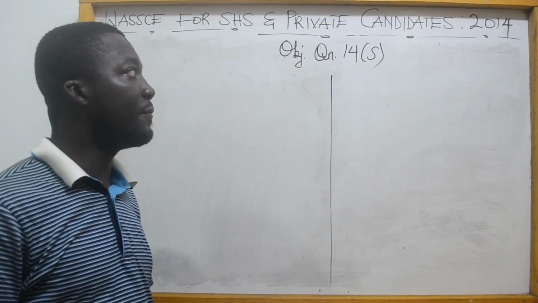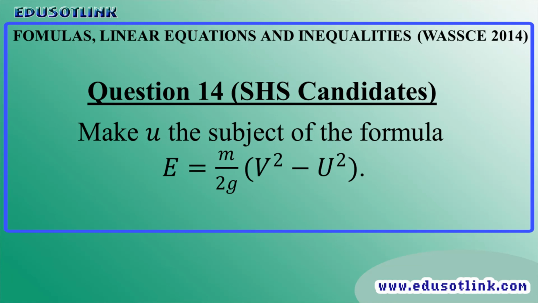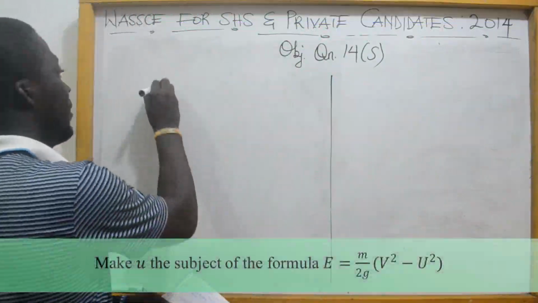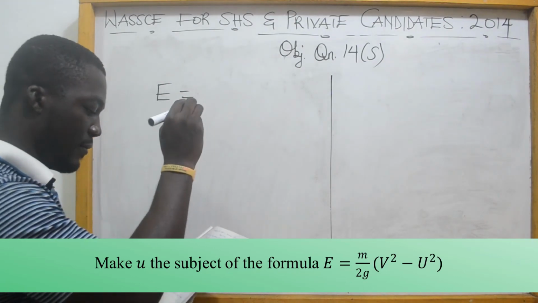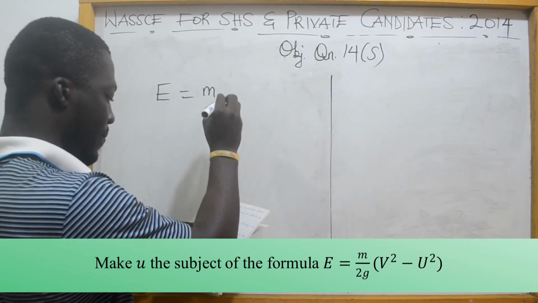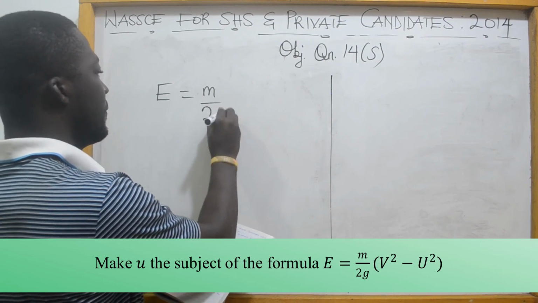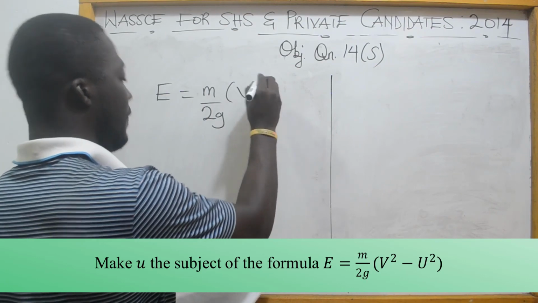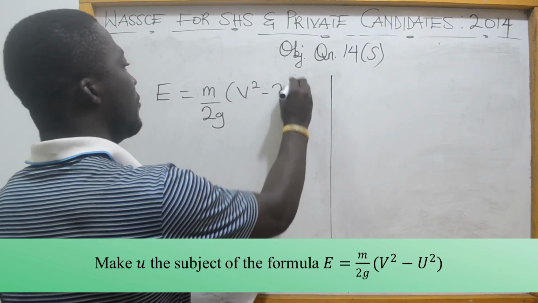Objective question 14 for senior high school candidates. Now it says make U the subject of the formula E is equal to M over 2J into bracket V squared minus U squared.